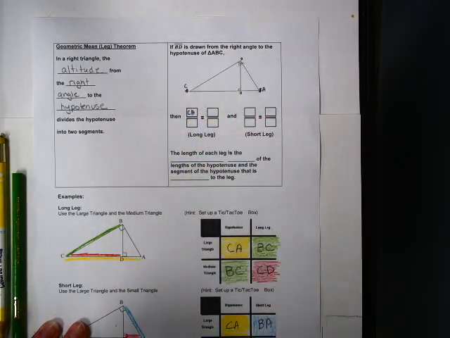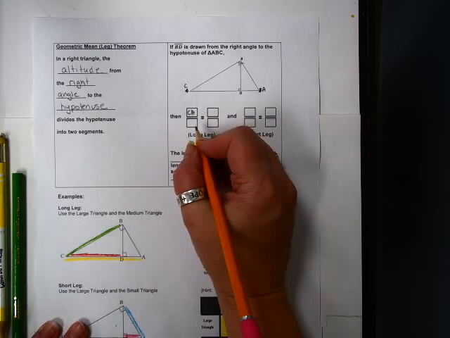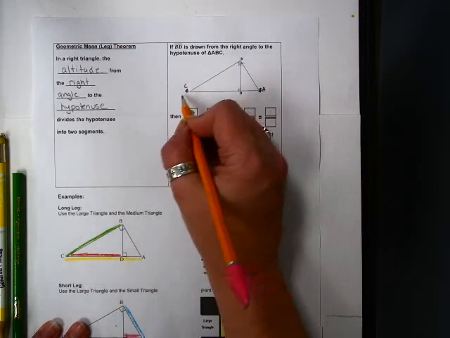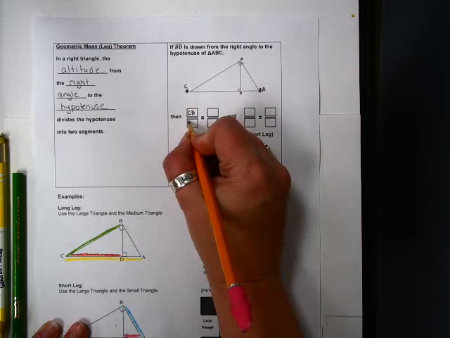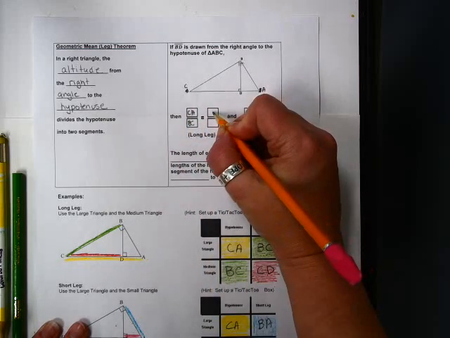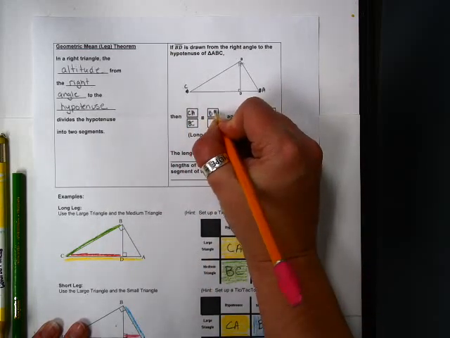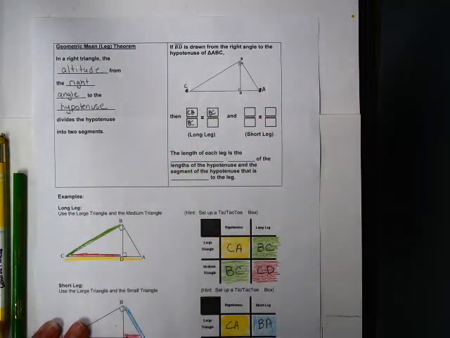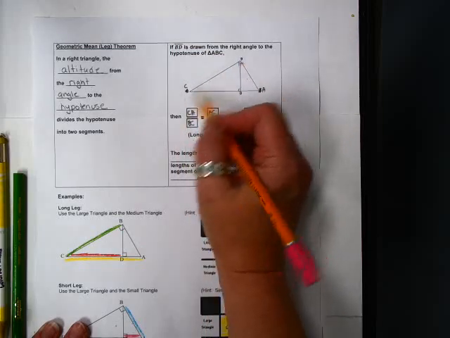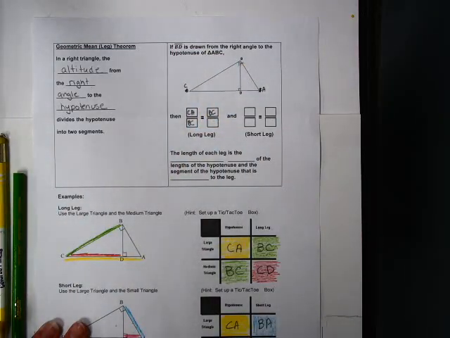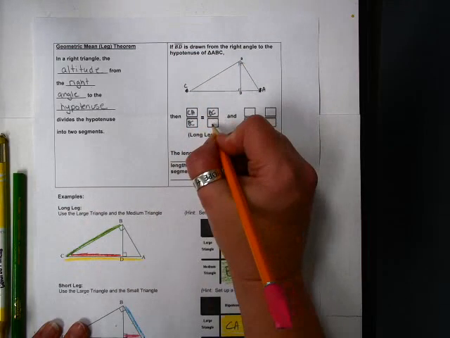What's the long leg? Long leg of the large triangle. Okay, BC. So what goes up here? BC. And then the longer piece, the one that's attached to, adjacent to BC. What is that one? Good, CD.